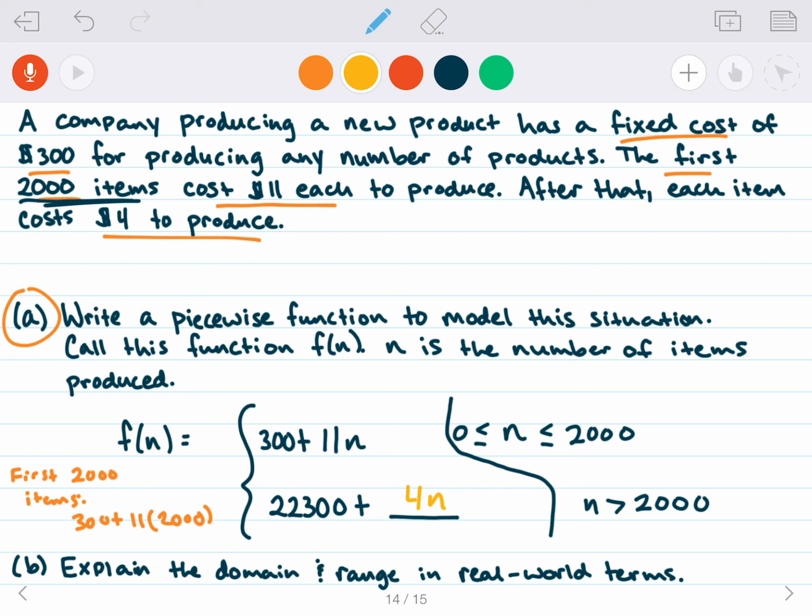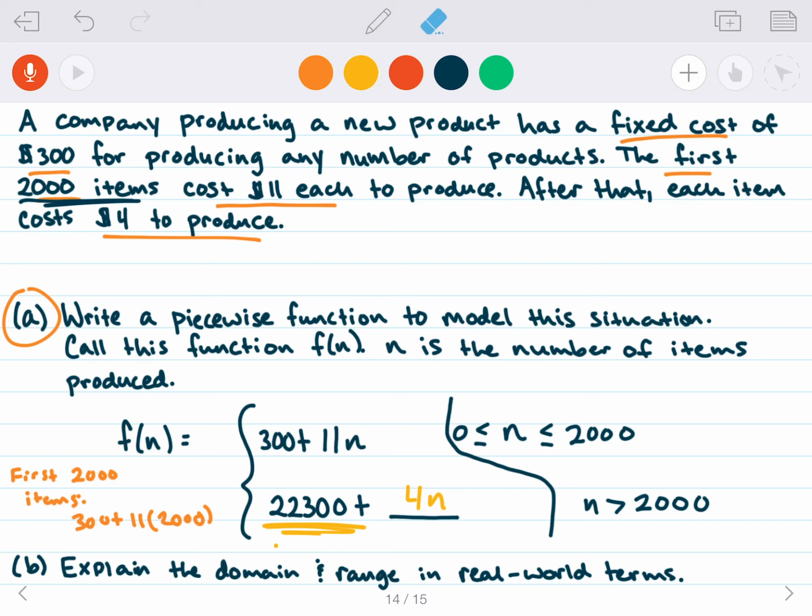And so it's not going to make any sense, because if we put in 2001, for example, for n, well, we're only adding one more item onto this. We're only adding 4 times 1 onto it. We're not adding 4 times n onto it.